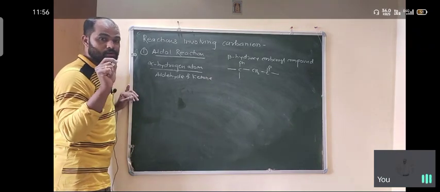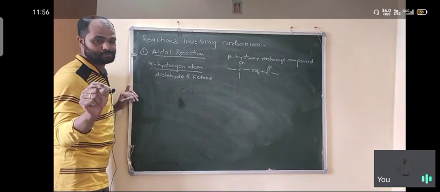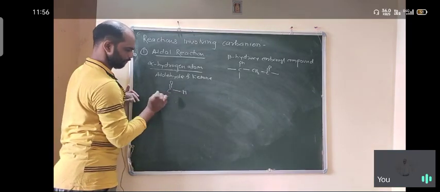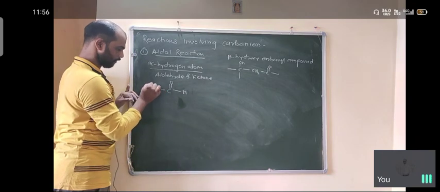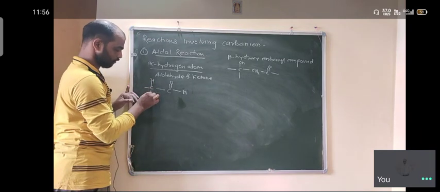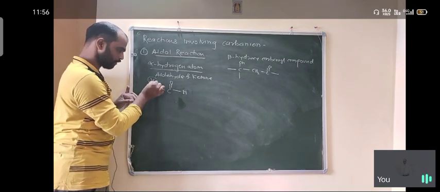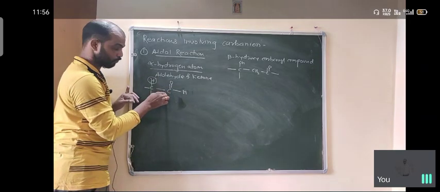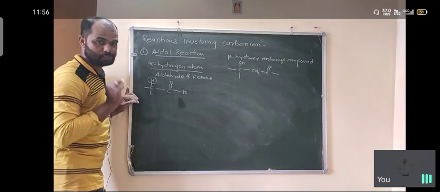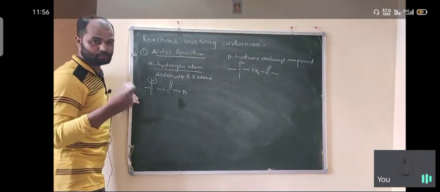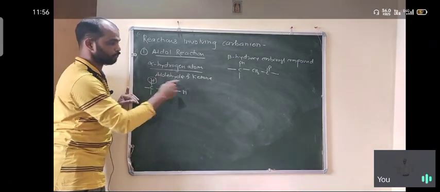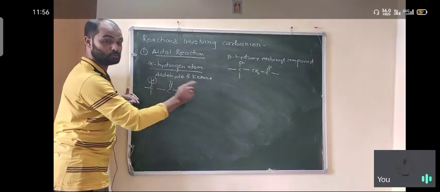In an aldehyde, here is the alpha carbon, and this alpha carbon should have hydrogen. If the alpha hydrogen is present at the alpha position, they undergo the condensation reaction in the presence of base. Here we need two molecules of carbonyl compound. If we use an aldehyde, we need two molecules. If we use a ketone, we need two molecules.